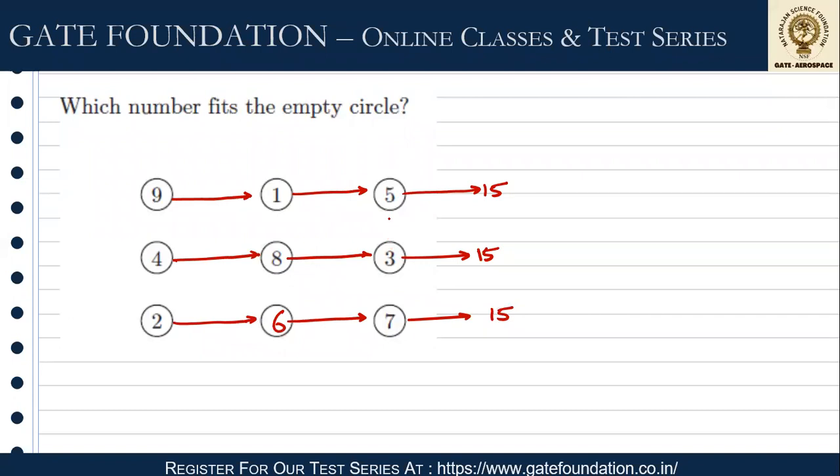Similarly, the same thing goes vertically as well. 5 plus 3 is 8, and 8 and 7 is 15. 8 plus 1 is 9, and 9 and 6 is 15. 9 plus 4 is 13, and 13 and 2 is 15. Either you add them vertically or horizontally, we are going to get 15 in any case. This kind of square is known as a magic square, where the horizontal and vertical summations are equal to 15.